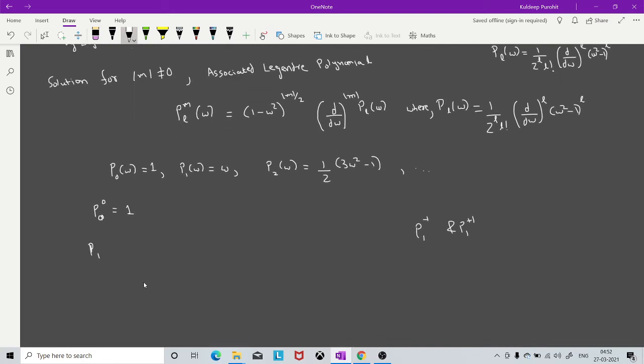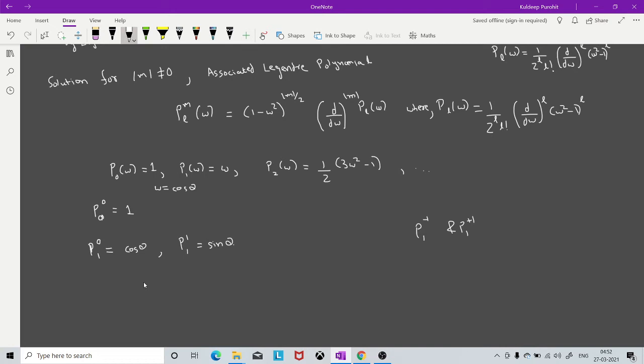So P1 for m equal to 0 will have cos theta. Now we can say how this theta came. Remember the definition of omega, omega was equal to cos theta. So I am again converting to my theta variable. P1 1 is equal to sin theta.